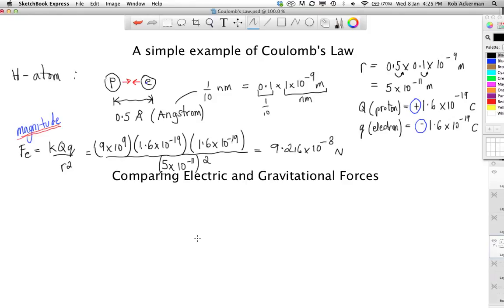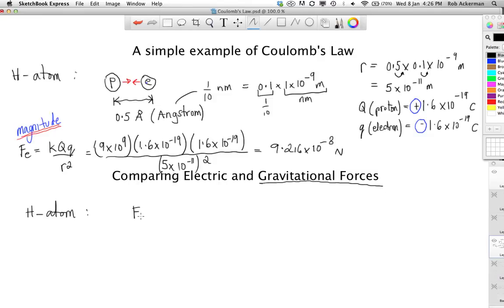Okay, so now what we're going to do is compare this electric force to a gravitational force, just to give you an idea of how the two compare, because we have been talking about fundamental forces. What I'd like you to do is go back to the H atom. This is a little exercise for you to do on your own. Using the same separation distance and using the information you know about protons and electrons, which may or may not be much, I want you to calculate the gravitational force that is attracting the two of them.